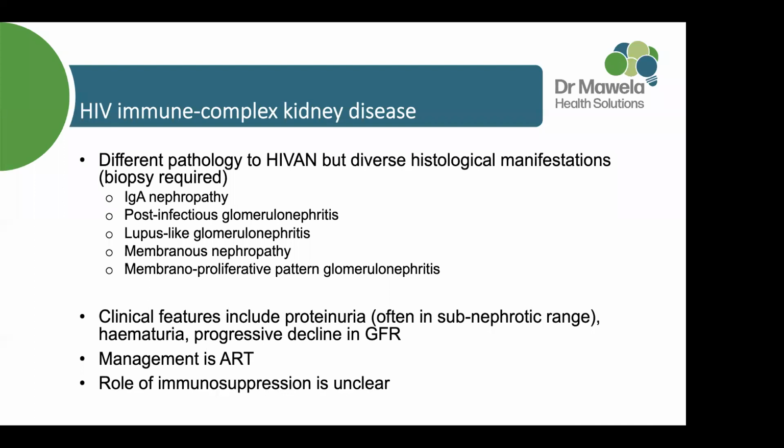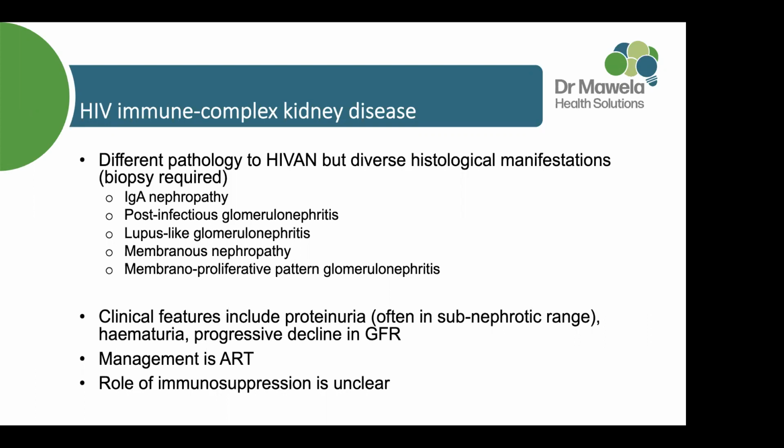So the reason why I've put this slide is to remind us that where a patient presents with blood in urine, and you've got casts, and they've got protein in urine, a nephritic type of picture, always refer your patient for a kidney biopsy so that you can get a diagnosis.